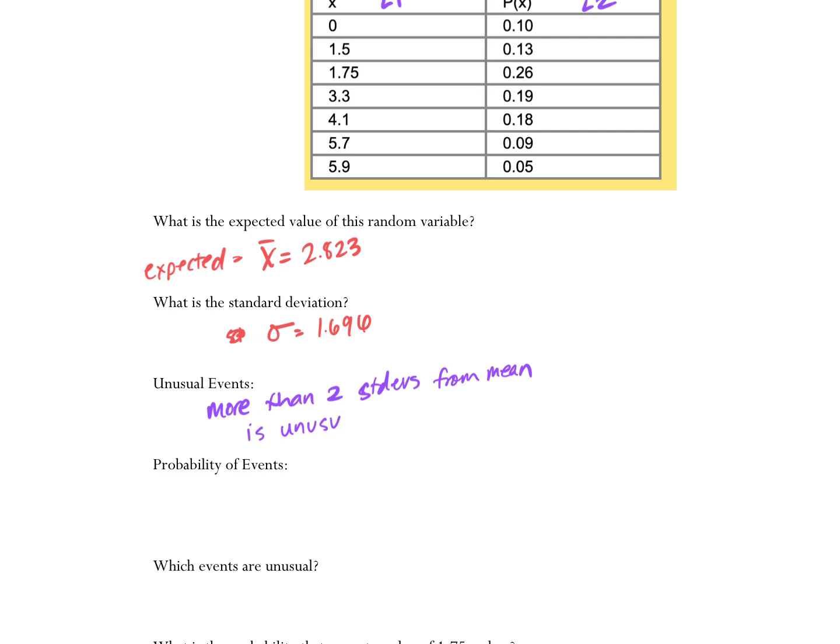So do we have any? In this scenario, 2 standard deviations from the mean, I would do 2.823 plus or minus 2 times that standard deviation. So can you guys do minus 2? And you guys do plus 2 for me?